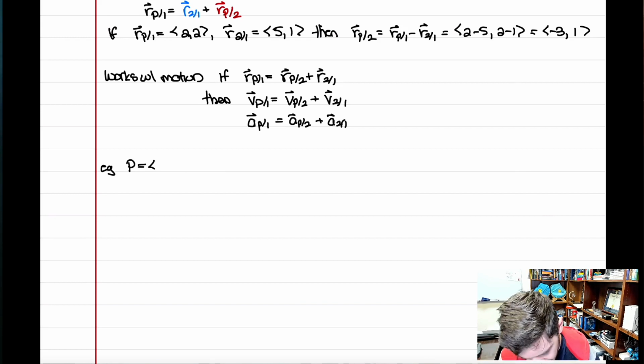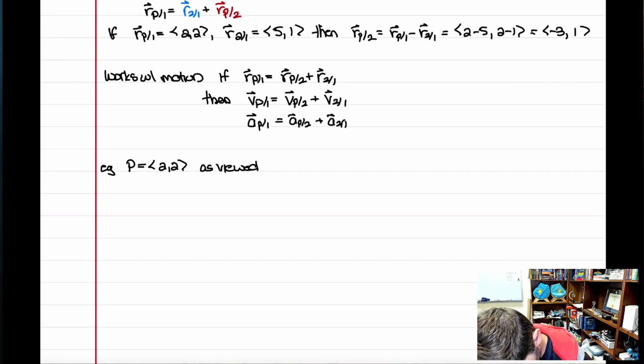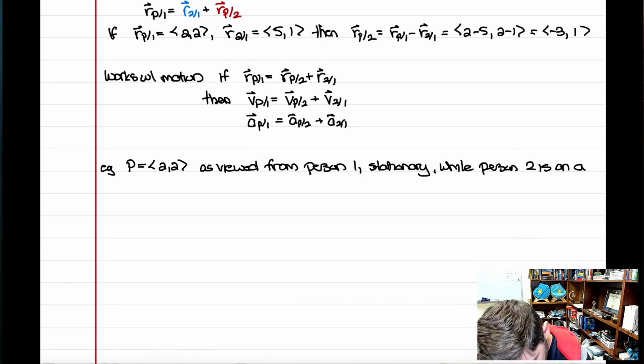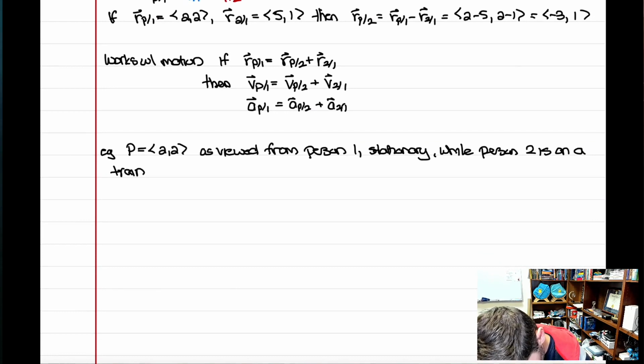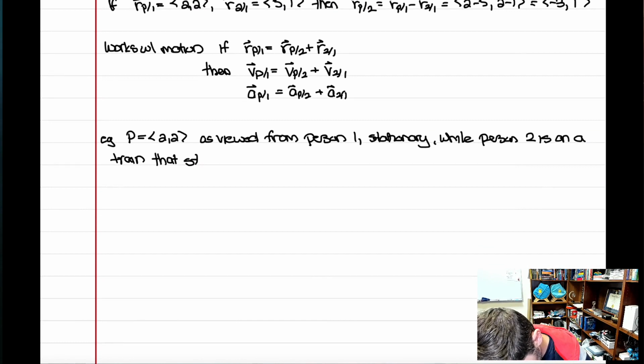E.g., if the particle is at 2, 2, as viewed from person 1, who is stationary, while person 2 is on a train that starts at person 1 and moves at a constant speed.